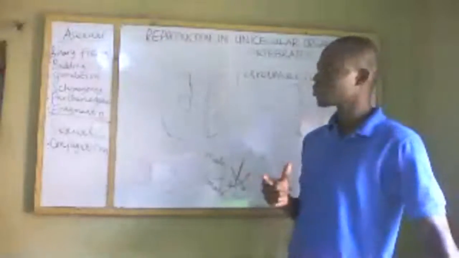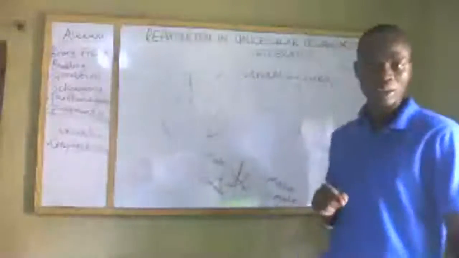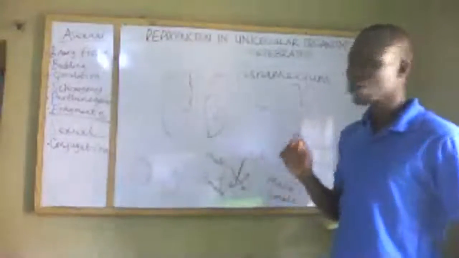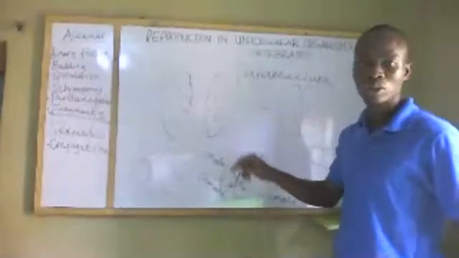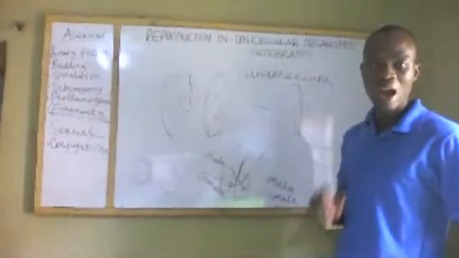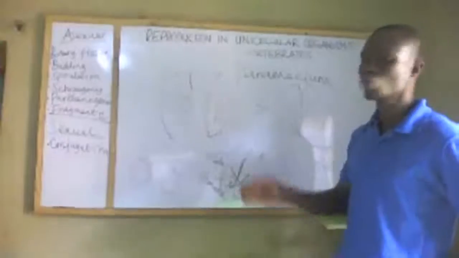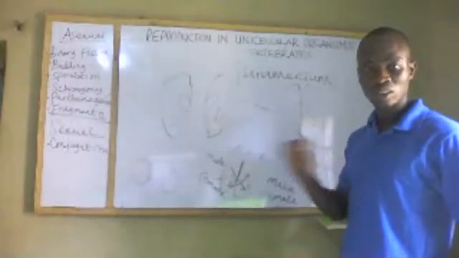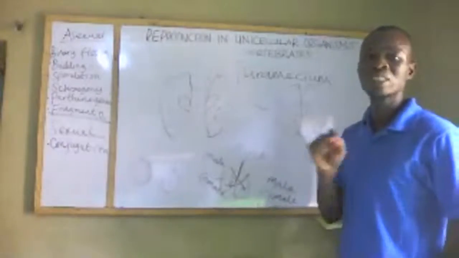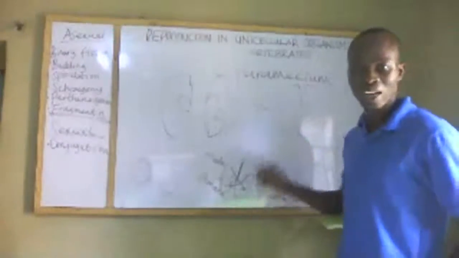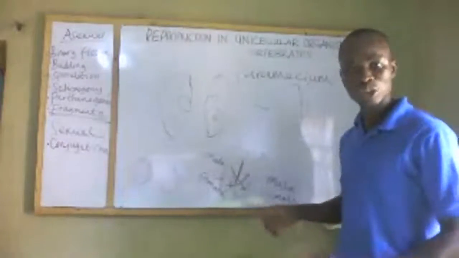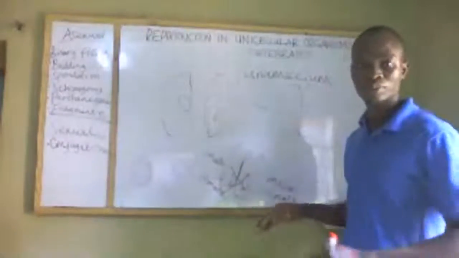Now, one thing I can pick from this discussion is that the organisms consider this conjugation when the conditions are adverse for them to survive. The essence of this is to preserve their genetic content from extinction, from destruction.